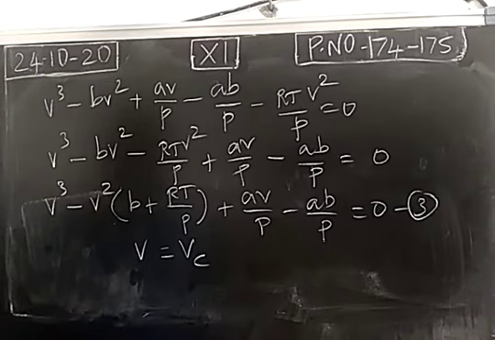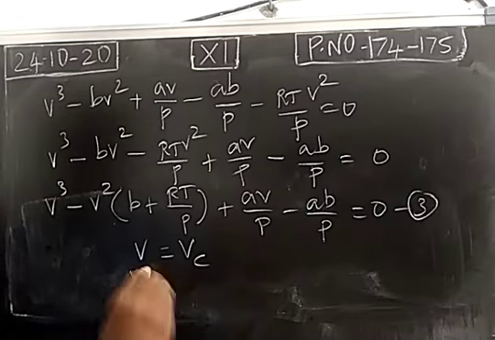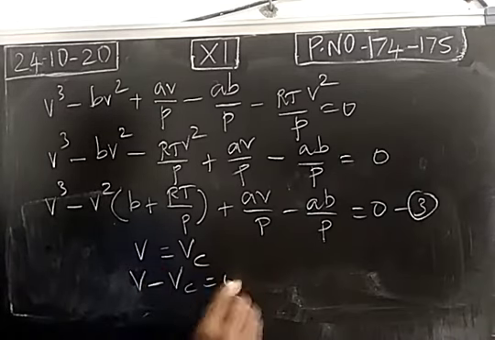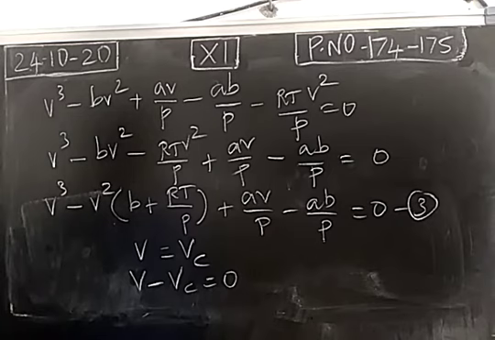So V is equal to VC. So this VC comes to the left hand side: V minus VC is equal to 0. If you take the square or cube, the value will be 0. So we take cube: V minus VC whole cube is equal to 0. Just expand this V minus VC whole cube.